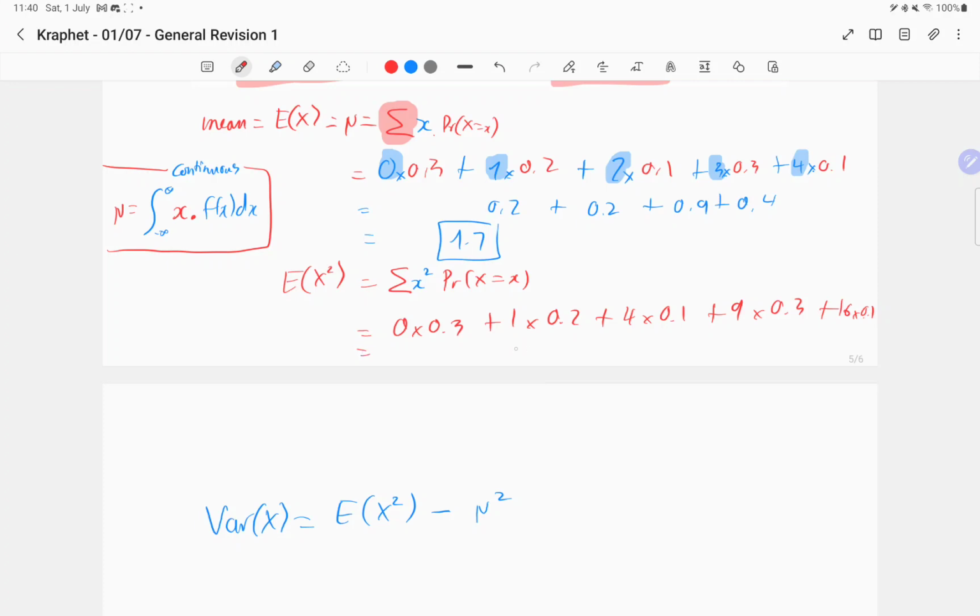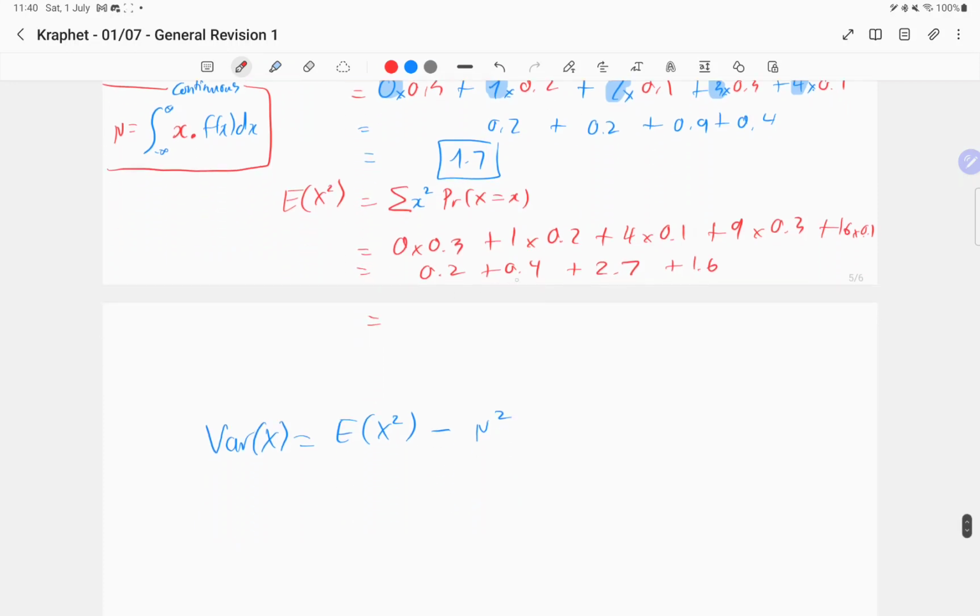Okay, so then that would be 0, and then 1 times 0.2 is 0.2, 4 times 0.1 is 0.4, 9 times 0.3 is 2.7, 16 times 0.1 is 1.6, and again, this is tag free, you gotta do everything by hand. So that's 0.6, plus 2.7, 1.6 is 4.3, so that would be 4.9.